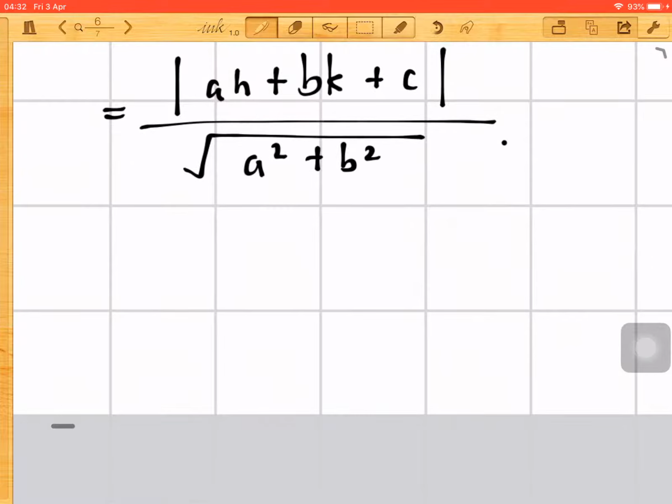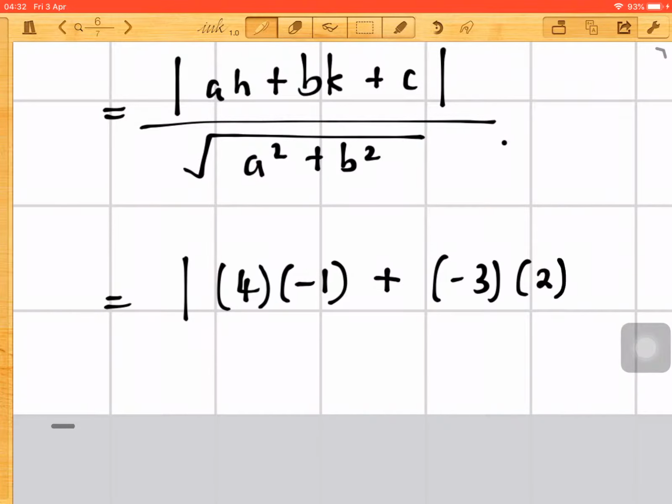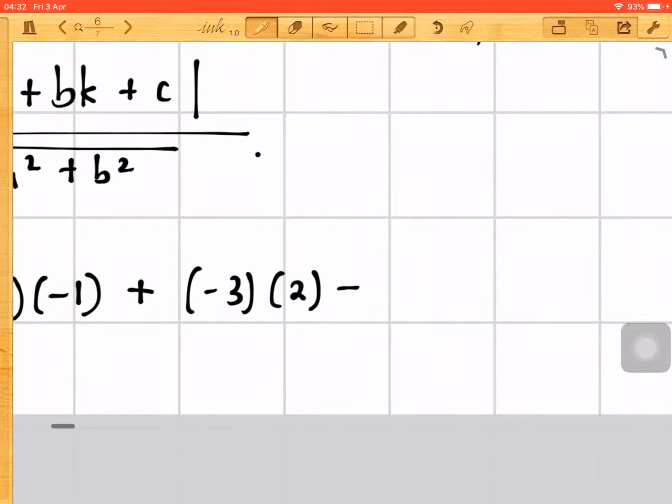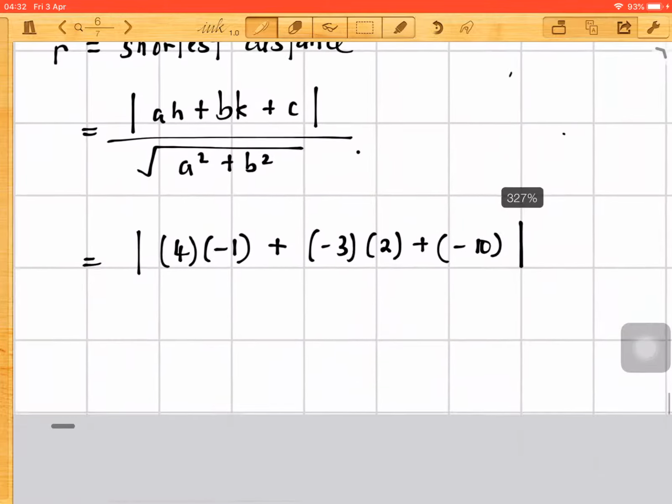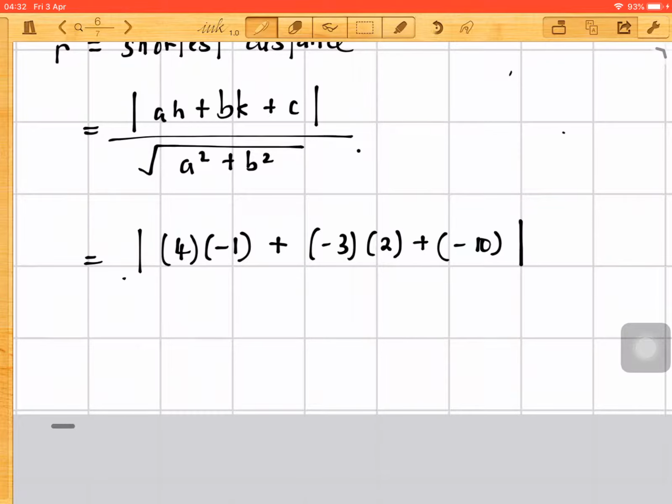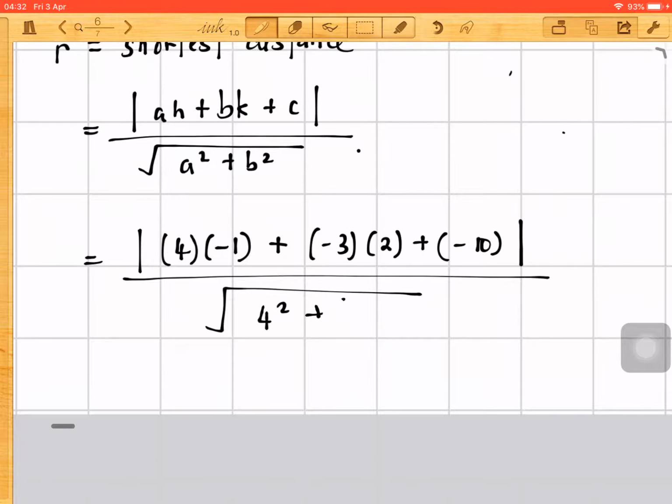So we can put in here modulus 4, and our center H is -1, B is -3, K is 2, C is -10. Don't forget the modulus here, over square root of A squared, 4 squared, B squared, -3 squared.